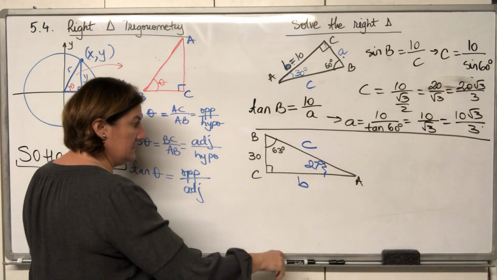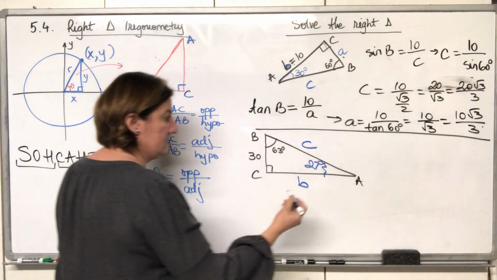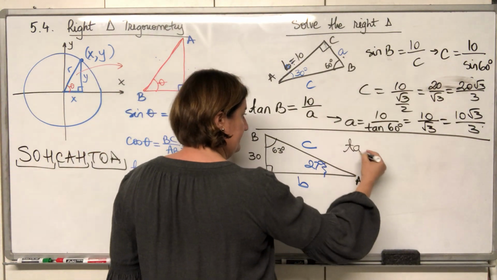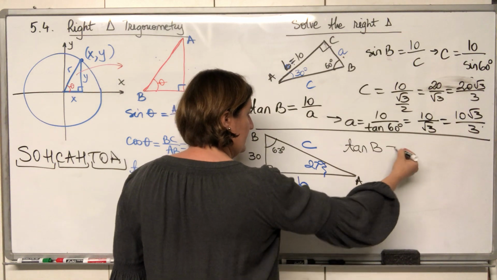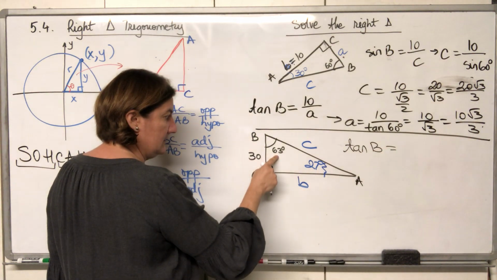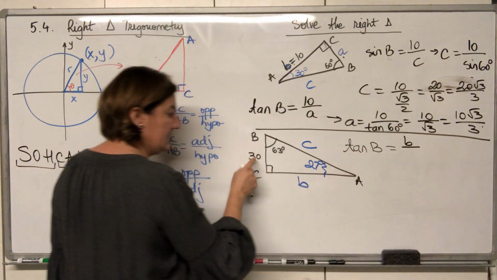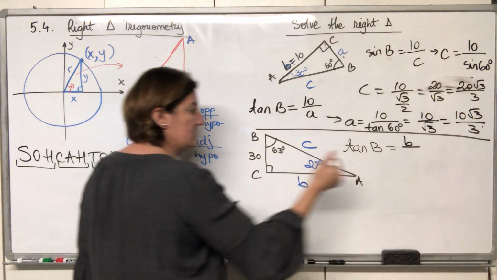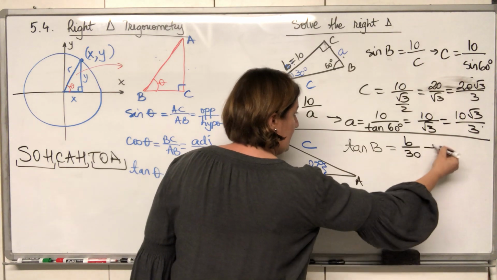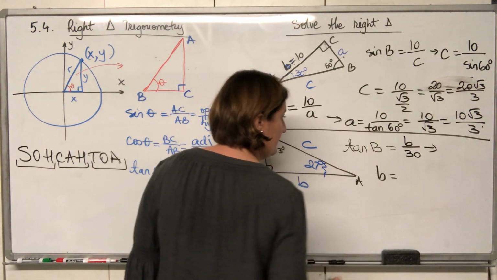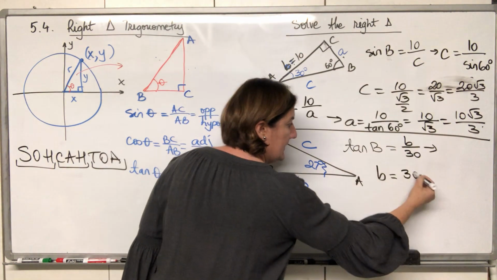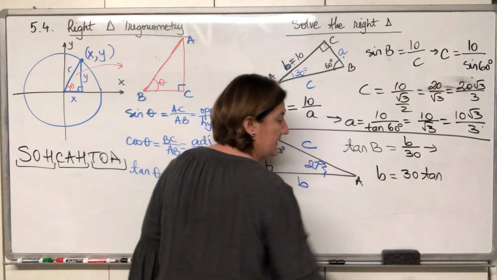Great. So let's say I'm going to use tangent of angle B, which was given. So tangent of angle B is the opposite, which is side B, over the adjacent side, which is 30. So from here, I can solve for B. So B is equal to 30 times, this time I don't have an exact value.